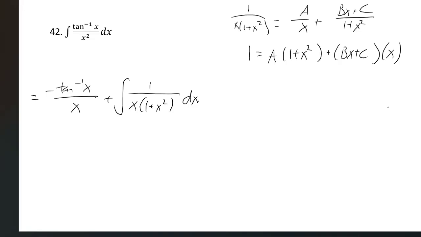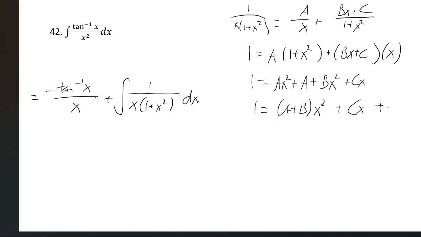We can even mix and match the techniques and match coefficients. So we get Ax squared plus A plus Bx squared plus Cx, so 1 equals A plus B times x squared plus Cx plus A.